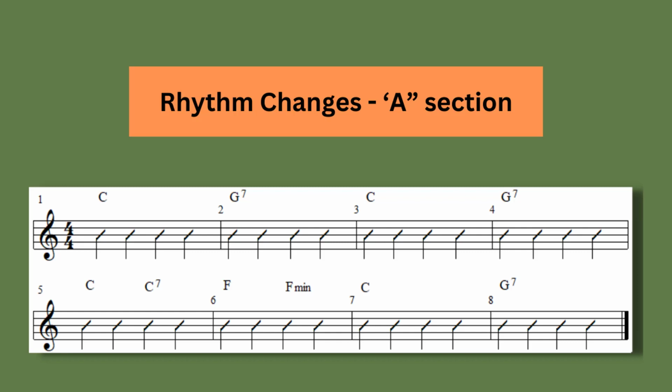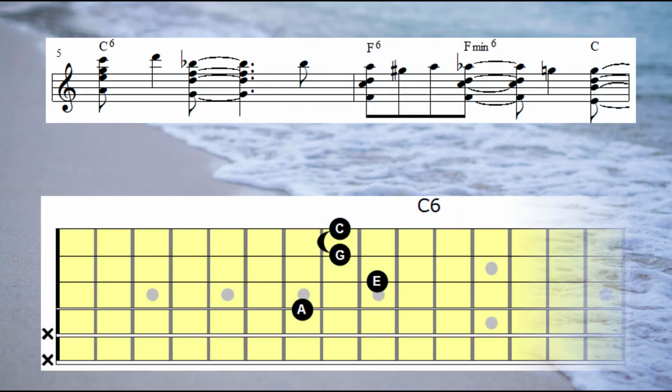In the previous video, we were working on the first 4 bars of the A section of I Got Rhythm. So without any further ado, let's get to work on bars 5, 6, 7 and 8 of the A section. Firstly, my melody notes for bar 5: I'm playing C, D, B flat, and then another B flat right at the end of bar 5.